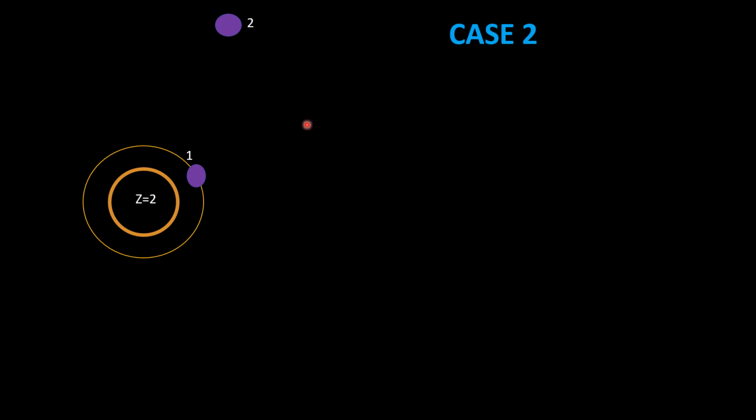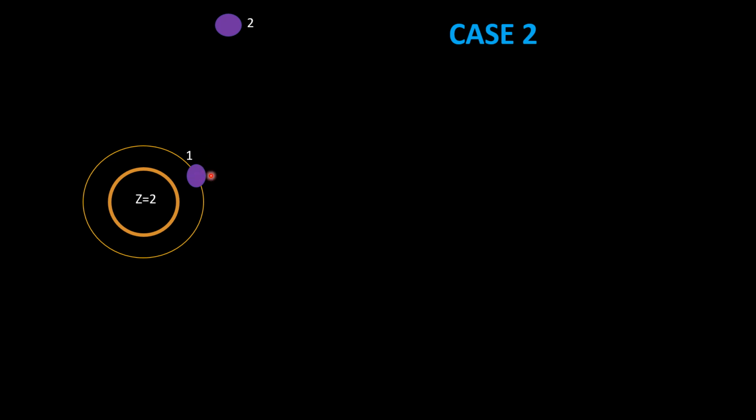So this is another extreme case, of no shielding. The first case was maximum shielding, where electron 2 maximally shielded electron 1 from the charge of the nucleus. Now electron 2 is far away from the nucleus, so it is not going to shield electron 1, and it is not participating in the shielding effect.